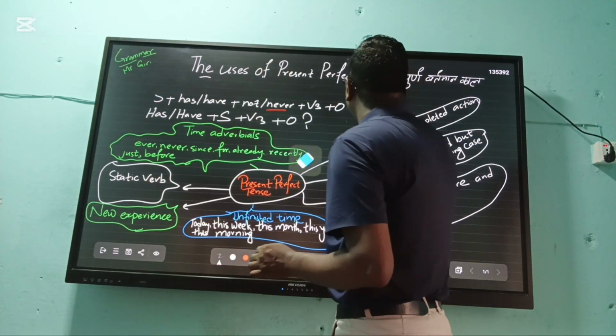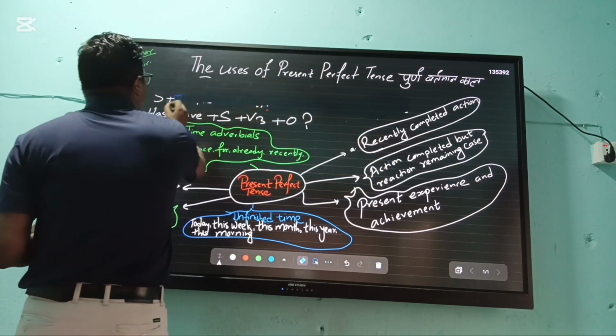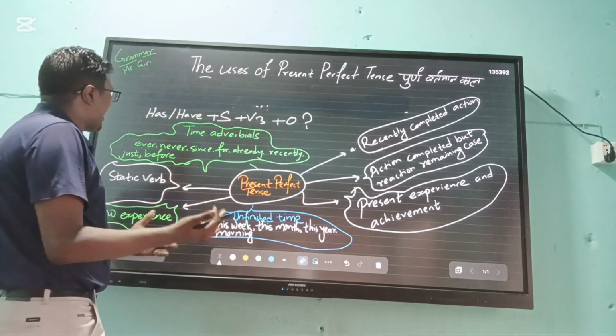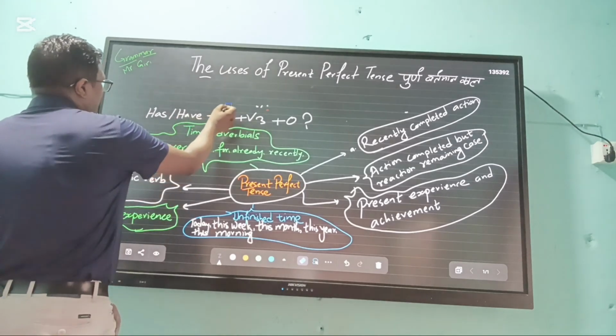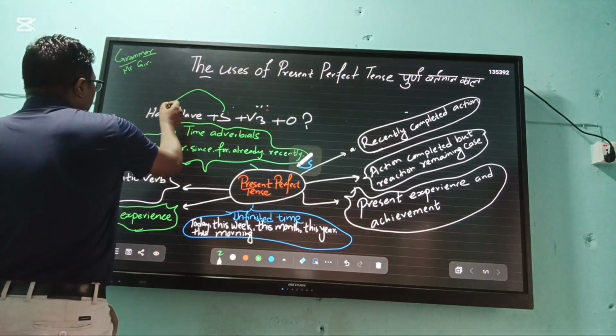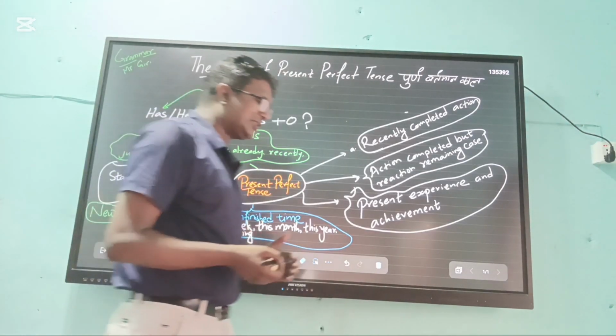And whenever you ask a question, like yes/no questions, at first you have to write has or have according to the subject. Singular subject has, plural subject have, plus V3 plus object.